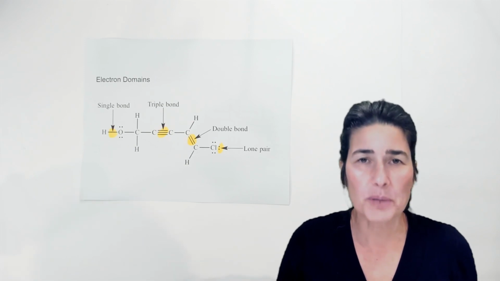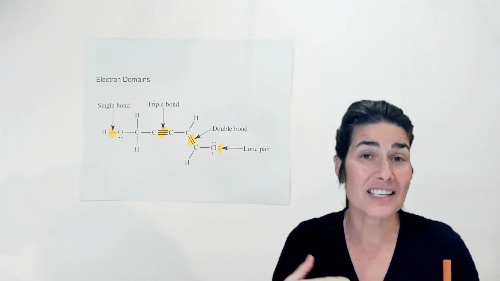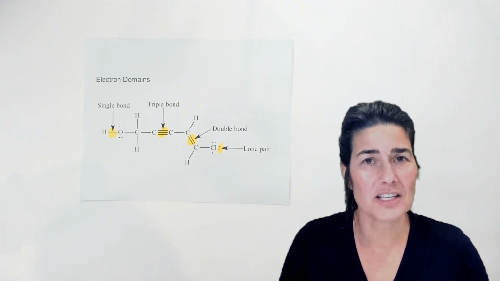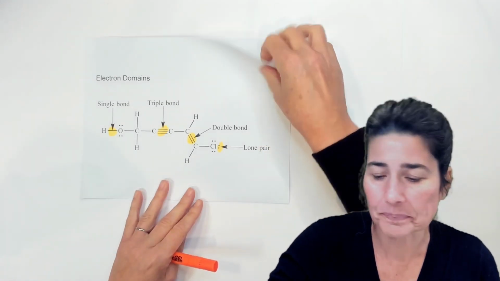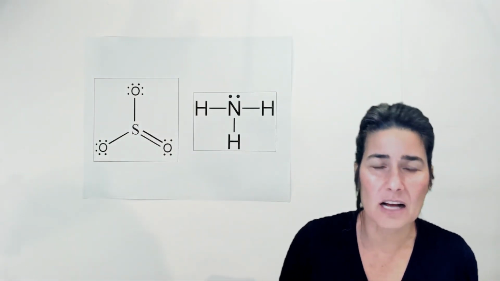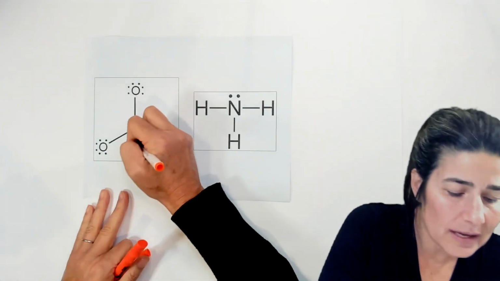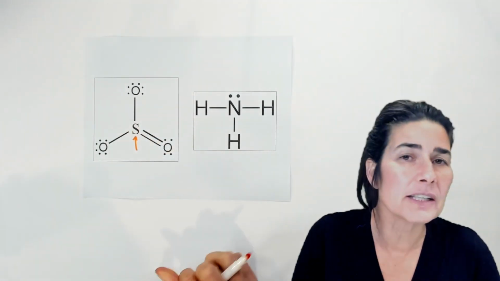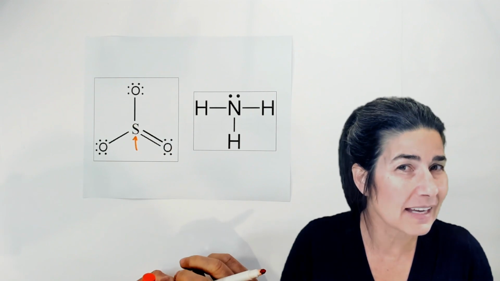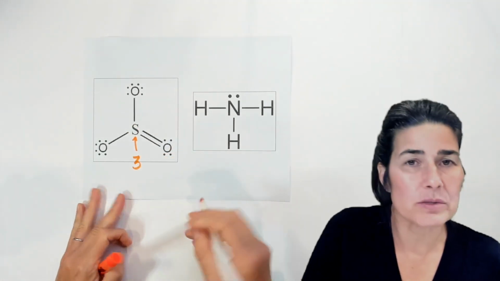So let's get a little practice distinguishing how many domains we have, because the geometry depends on the domains. So if we start off at the beginning, let's look at sulfur trioxide. If I asked you how many domains around the center sulfur, you should say 3. There are 3 domains around sulfur.